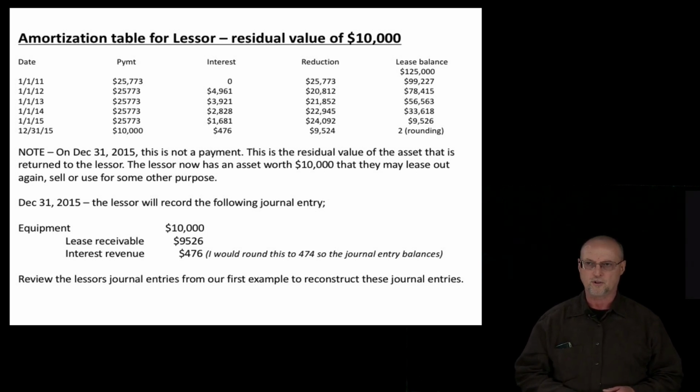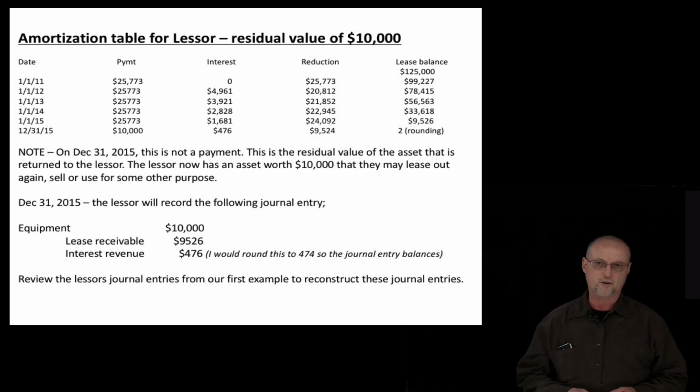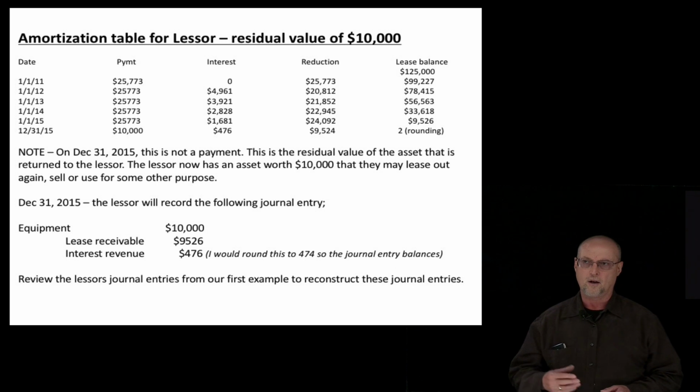99,227, which is the lease balance after the first payment, times 5% interest. In year 1, they will earn $4,961 of interest revenue. They receive $25,773 minus the $4,961.